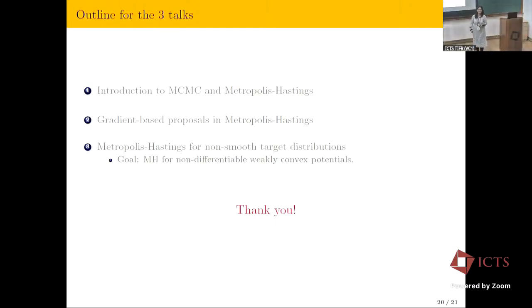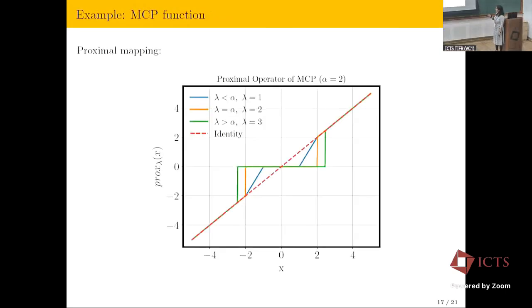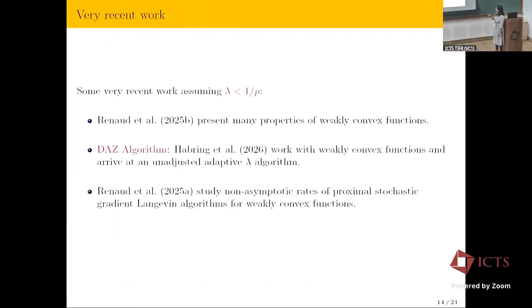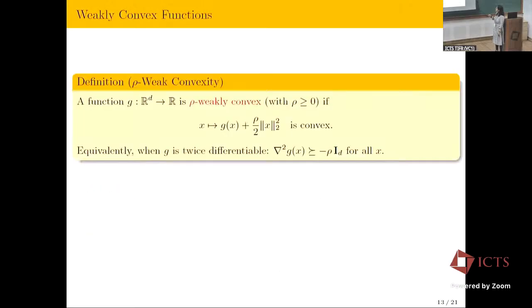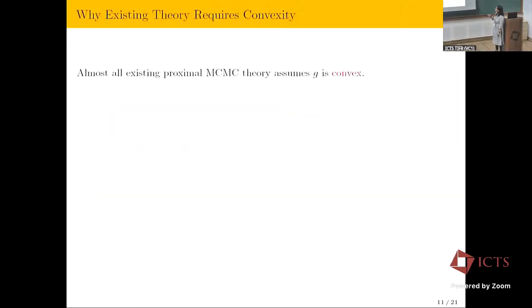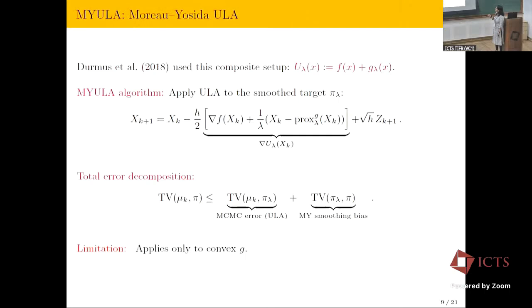You have not been talking about rates of convergence as your lambda goes to its limit. Are they around? Yes and no. So let me go at least here. Yeah.